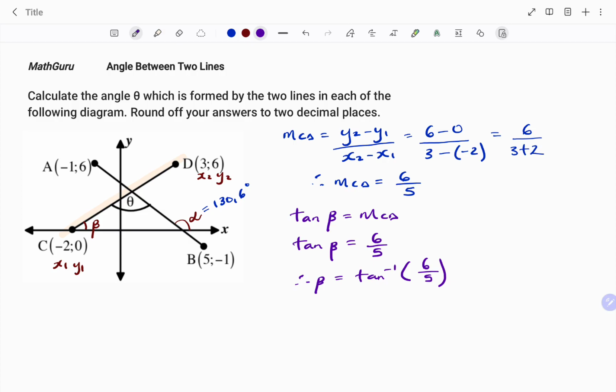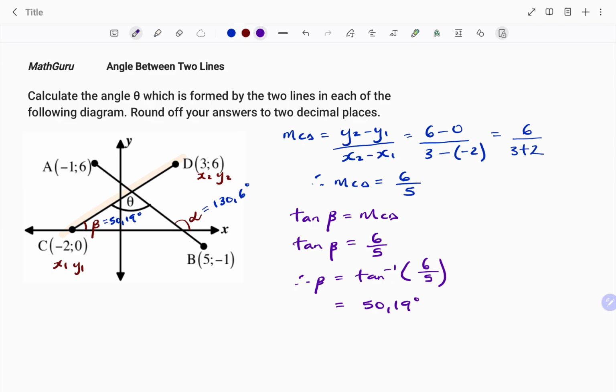That's the second function button of your tan on your calculator. Therefore, beta will be 50.19 degrees, which is an acute angle.